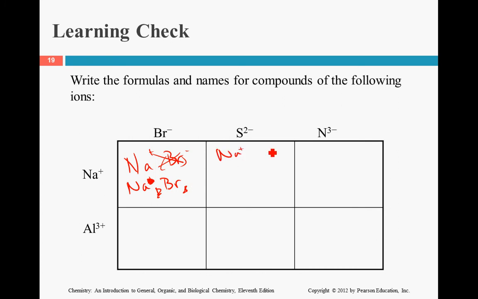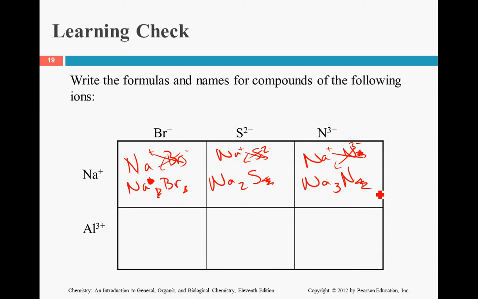Na plus, S2 minus, crisscross, Na2, S1, don't write the 1. Na plus, N3 minus, crisscross, Na3, N1, but you don't write the 1.